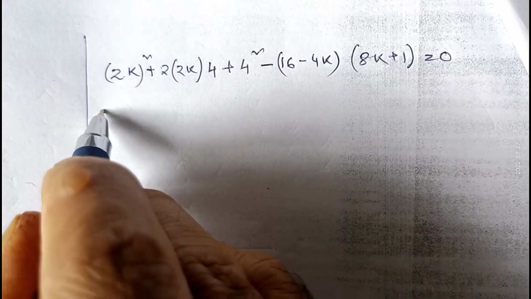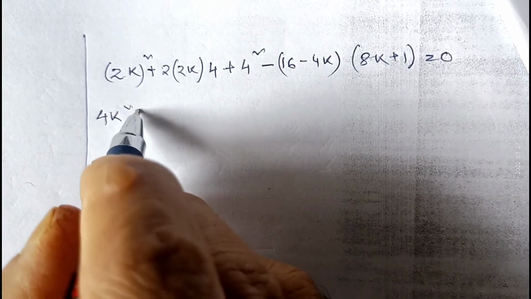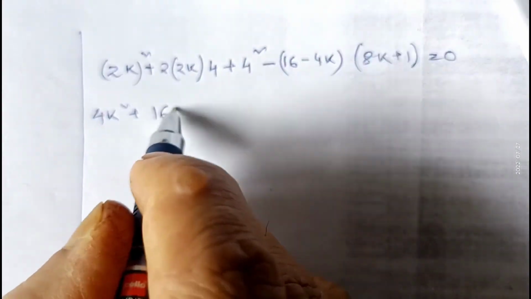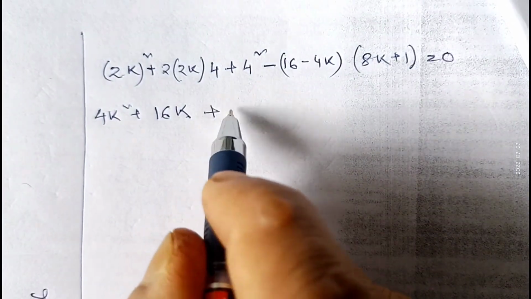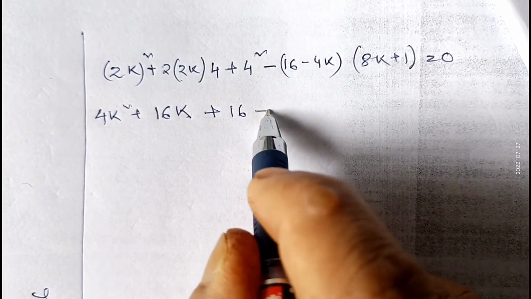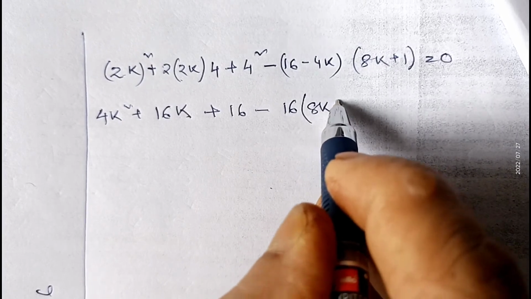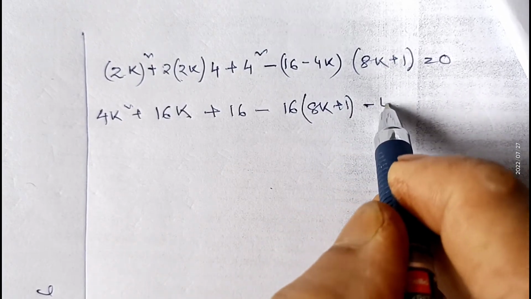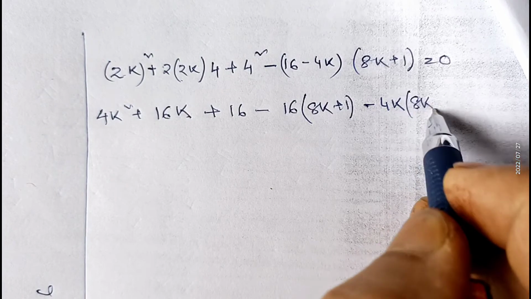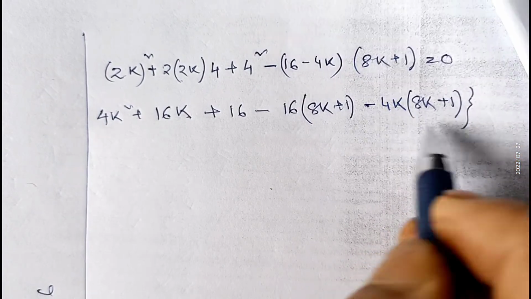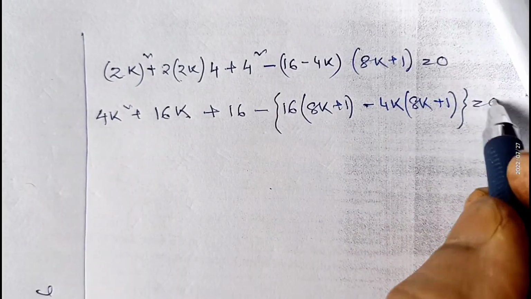Now 2 to the 4, it will be 4k square plus 2 into 4 into 2k, 16k, plus 16, minus, now we multiply 16 with 8k plus 1, minus 4k into 8k plus 1. This will be inside the bracket, equals 0.